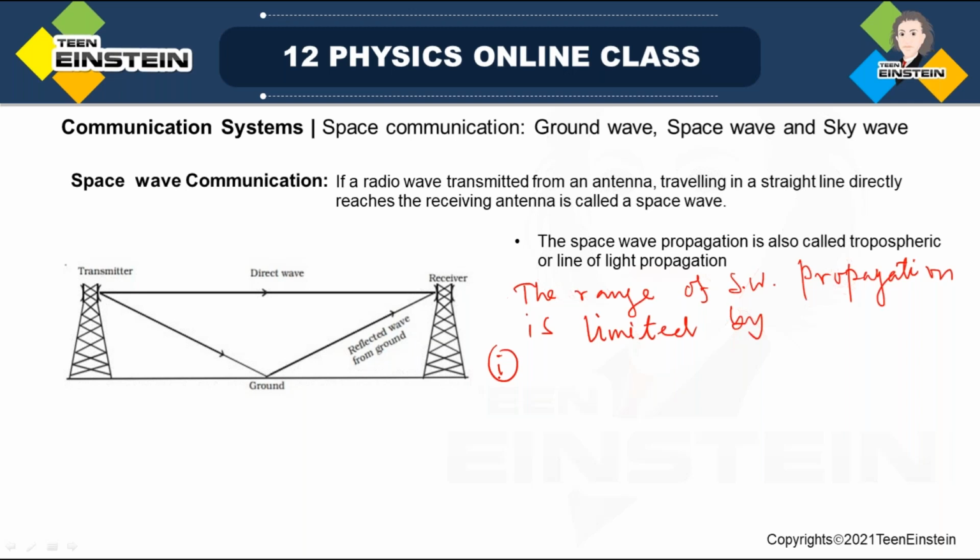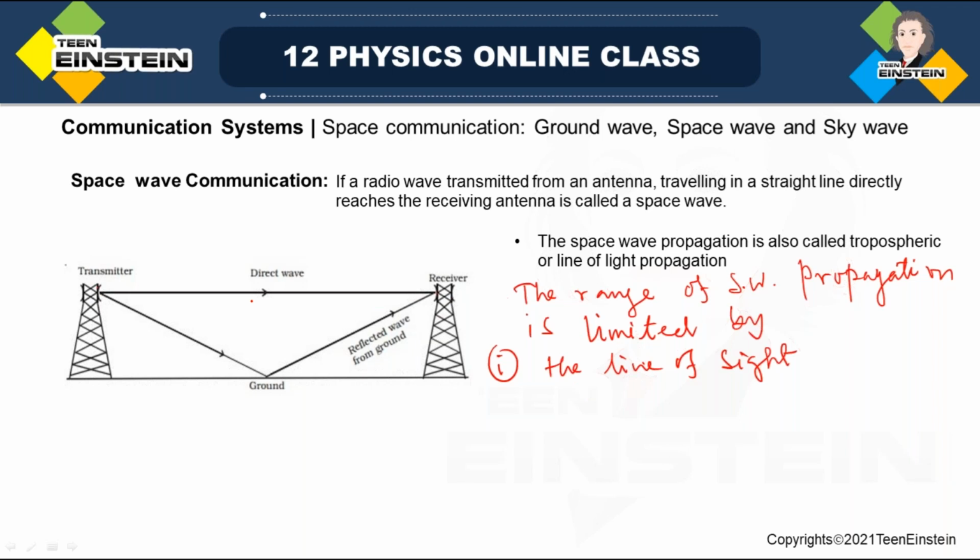So this is the line of sight distance. Since it is a direct transmission and direct receiving process, so this is one antenna, this is another antenna, they have to be directly facing each other.